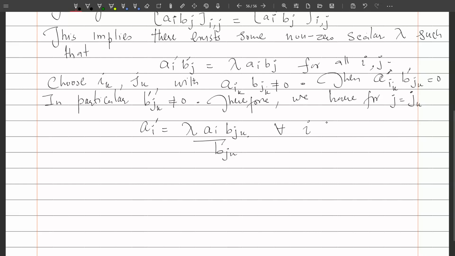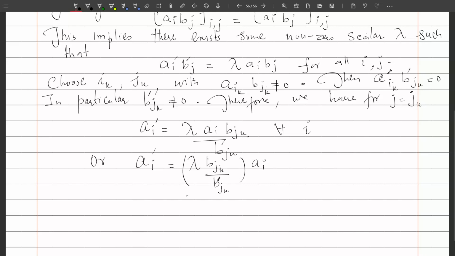So ai prime is lambda times bjk over bjk prime times ai. Now lambda is scalar, bjk is non-zero coordinate, hence this is also a scalar, so is bjk prime.